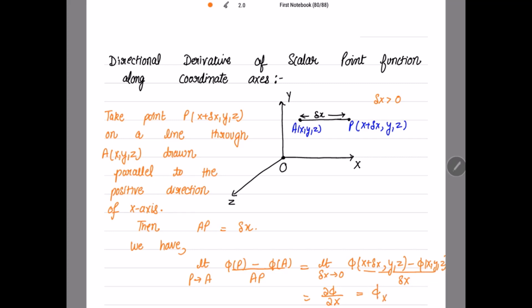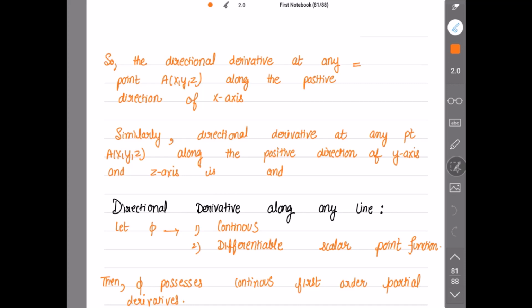So phi x is your directional derivative at any point A along the positive direction of the x-axis, right? So the directional derivative at any point A along the positive direction of the x-axis is phi x. Similarly, the directional derivative at any point A along the positive direction of the y-axis and z-axis is phi y and phi z.